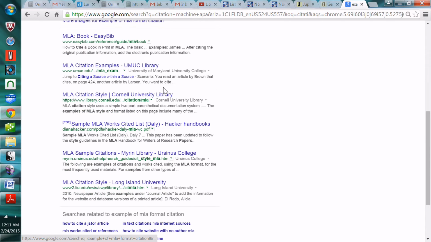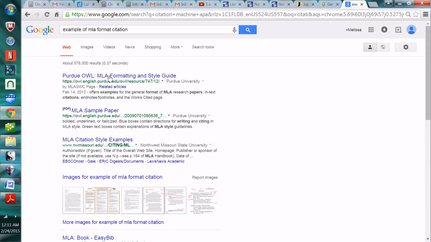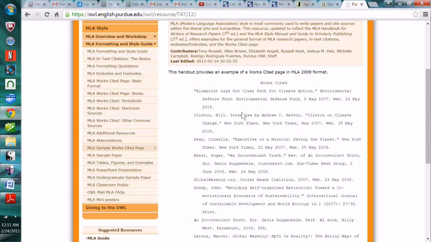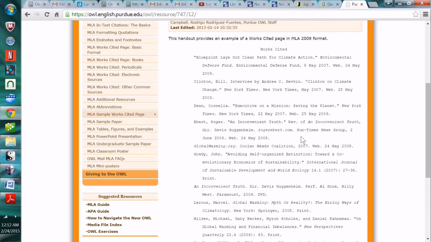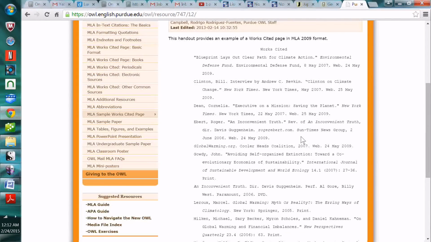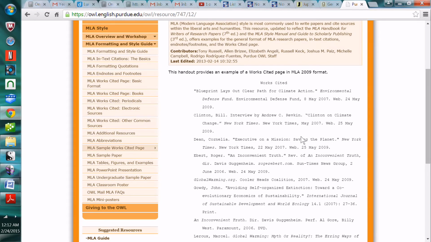I was hoping it would come up and be highlighted because I've looked at it a lot. Let's just look at the first one. And here's your works cited page, and I'm looking for one of the web addresses like you have used in your paper. I don't see it.